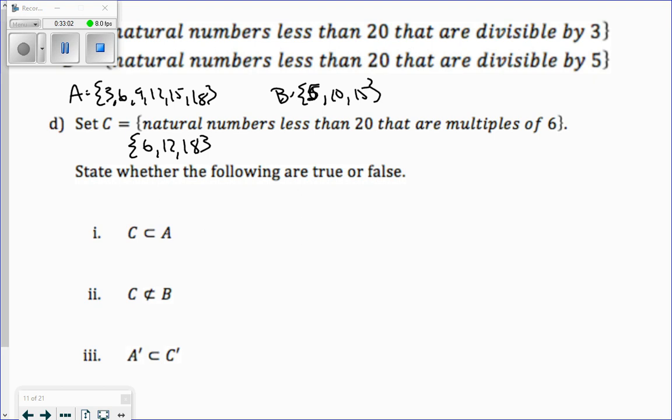So what does this little symbol here mean? Subset. So is all of C in A? Yes. So this one is true.